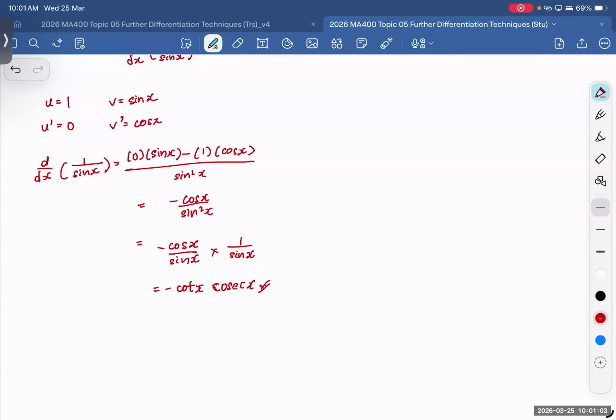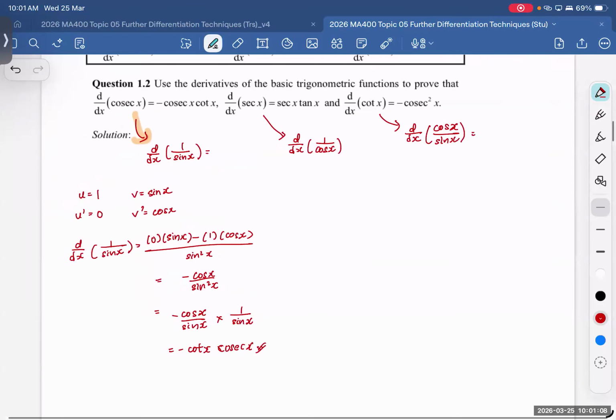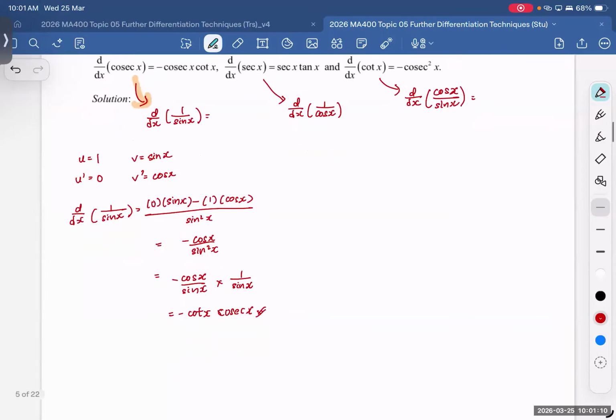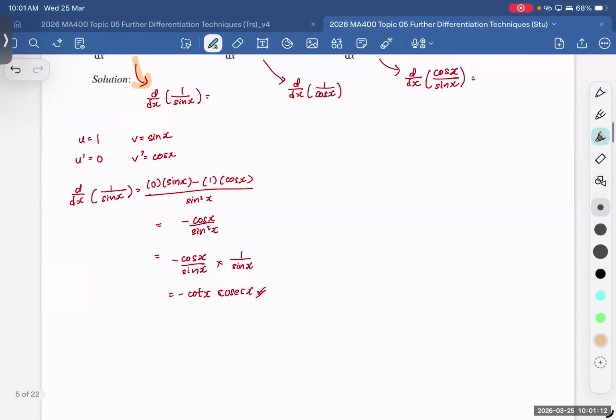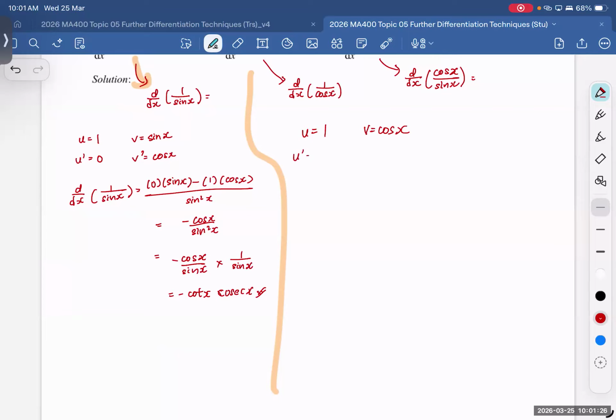Okay, stop looking outside. Then I go to part 2. Again, you use the same idea. You just need to change everything. Use quotient rule. You can actually use chain rule if you know how, but let's talk about this later. Okay, stay with me. Don't get too distracted. What is u prime? 0.